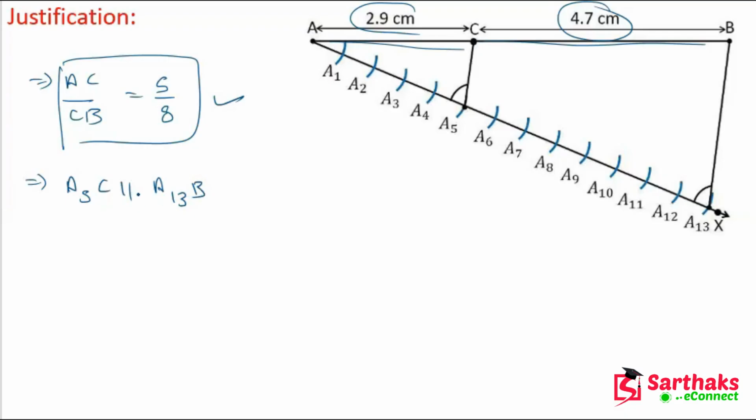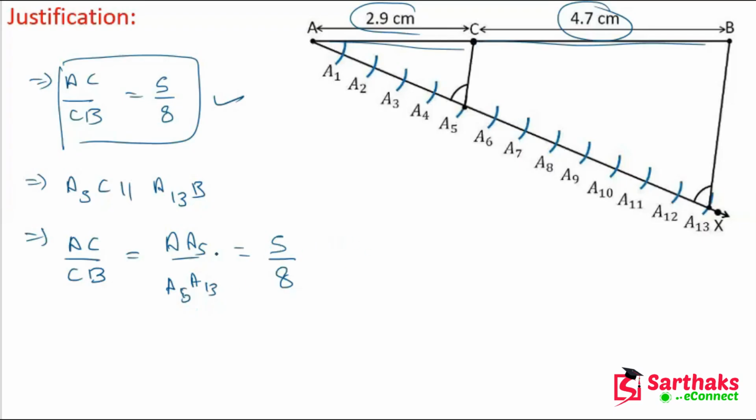Now from the basic proportionality theorem we can write AC upon CB is equal to A5 upon A5A13, and A5 upon A5A13 is 5:8.